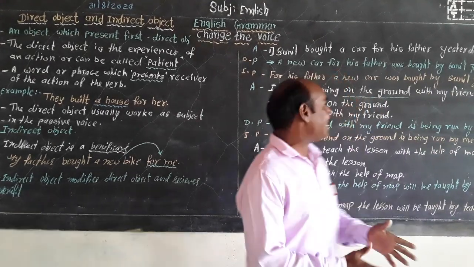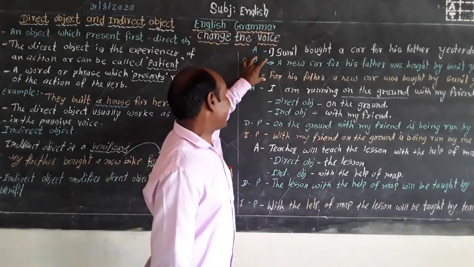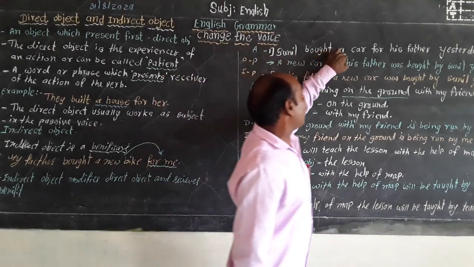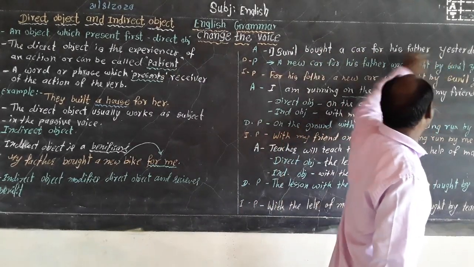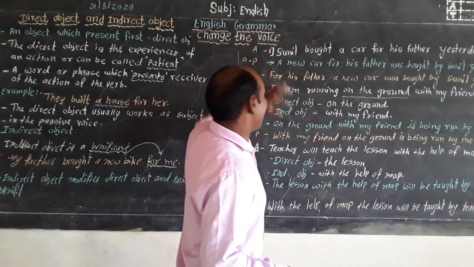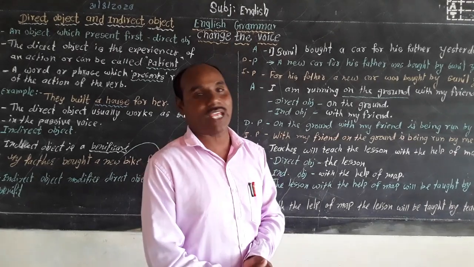This is how the sentence changes into passive voice according to the direct object and indirect object. The sentence Sunil bought a car for his father yesterday can be prepared in two ways, using the direct object and the indirect object.